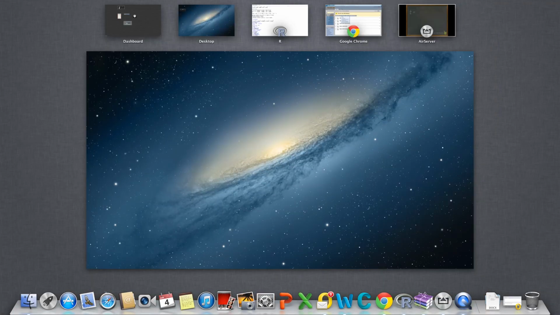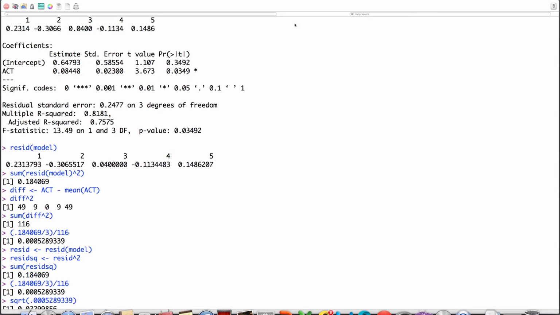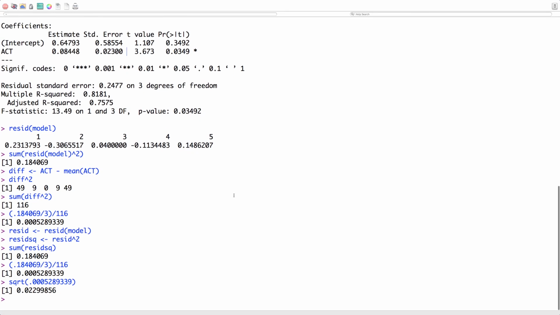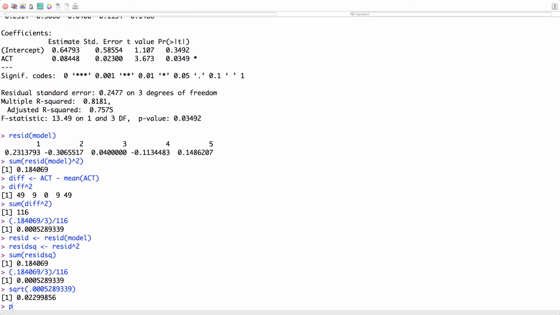Going to jump back into R. Remember, for a t-distribution we use pt. I put in negative 3.673, degrees of freedom 3, and multiply this by 2.